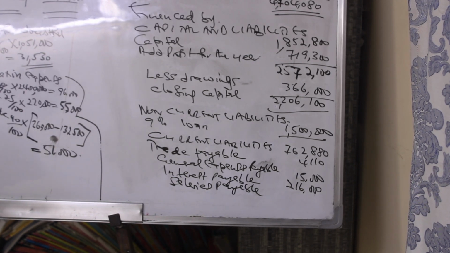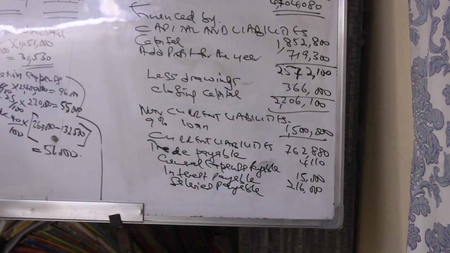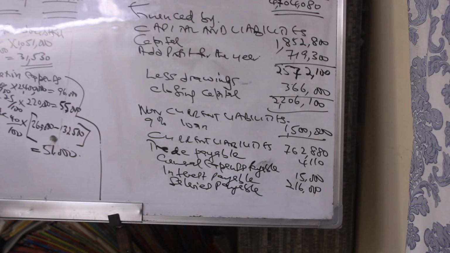Let me do it again. 762,880 plus 4,110 plus 15,000 plus 216,000. We get a figure of 997.